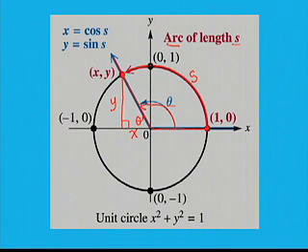From your right triangle trig, you know that we can take, for instance, the sine of theta prime and say that that's equal to the opposite side over the hypotenuse. And again, this is the unit circle, so the hypotenuse is equal to 1.